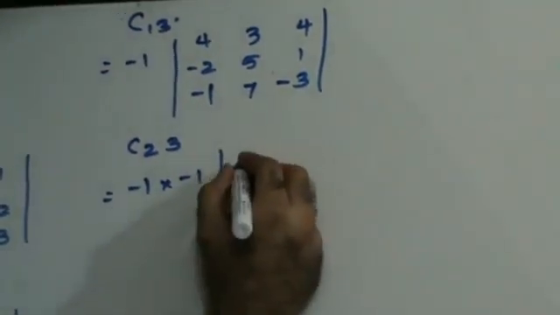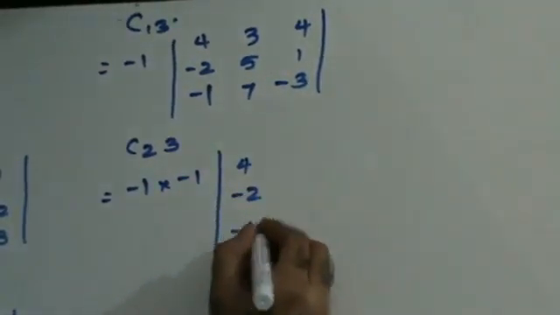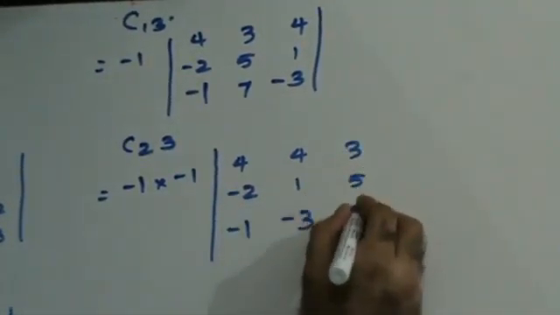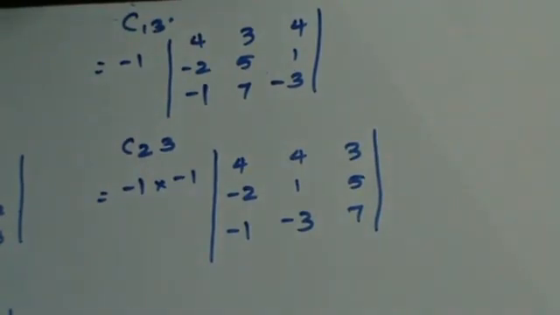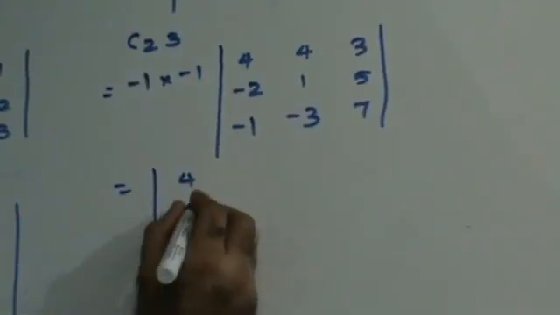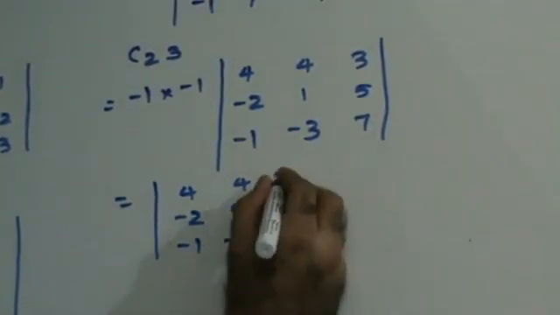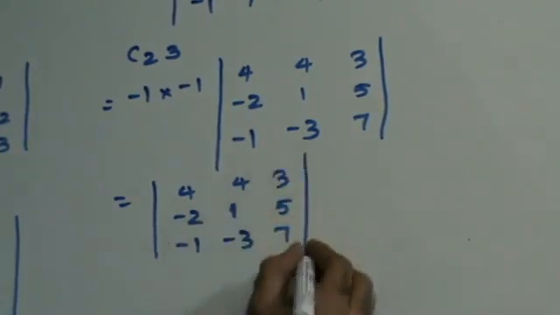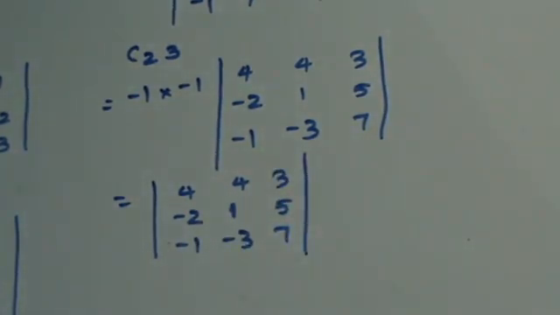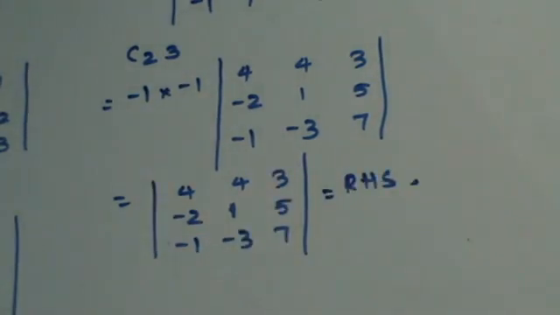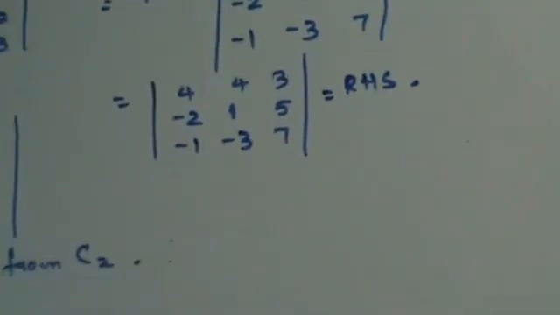So this will become 4, minus 2, minus 1; 4, 1, minus 3; 3, 5, 7. Minus 1 into minus 1 will give you plus 1, so this will become 4, minus 2, minus 1; 4, 1, minus 3; and 3, 5, 7. And that is what I had to prove. That's my RHS. That's how I prove LHS is equal to RHS. Next, let's see another sum.